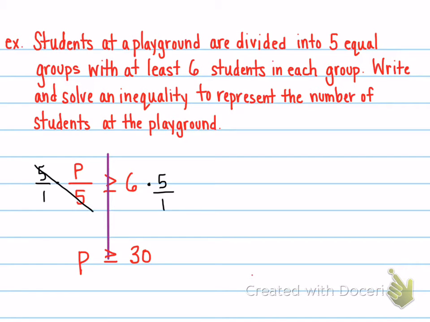The graph of it looks like 30 in the middle, 31 and 32 to the right, 29 and 28 to the left. This one will be closed because it said it could be equal to 6 in each group. And it has to be greater than that because it could be more than 6 in each group.